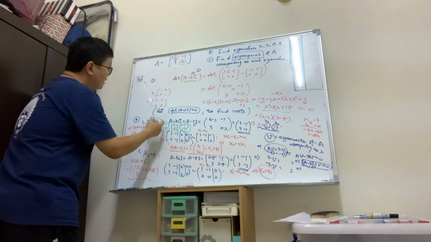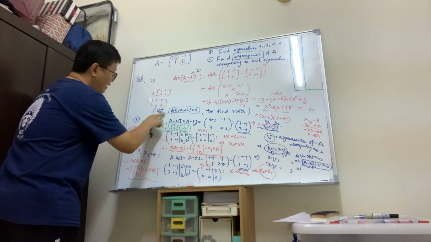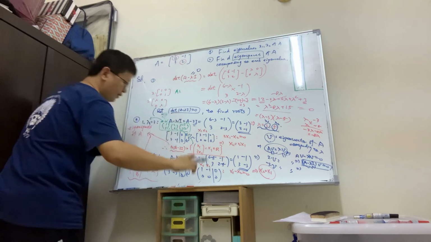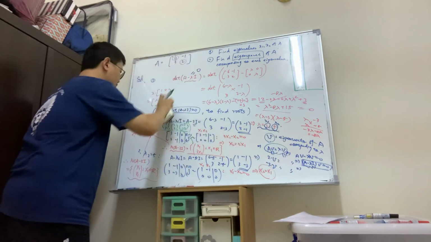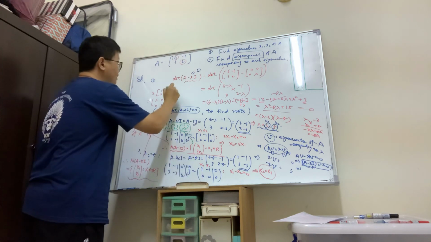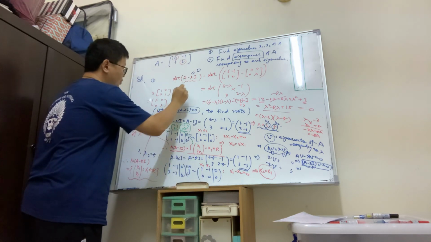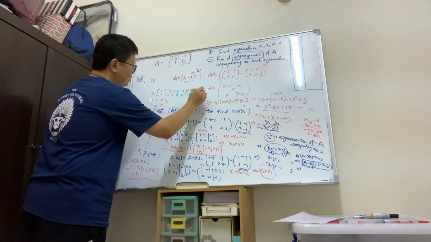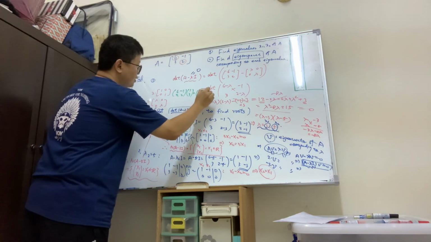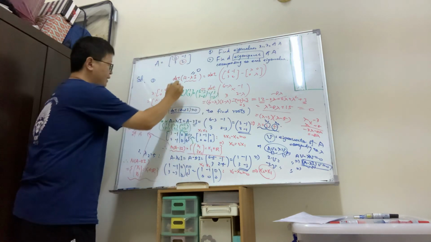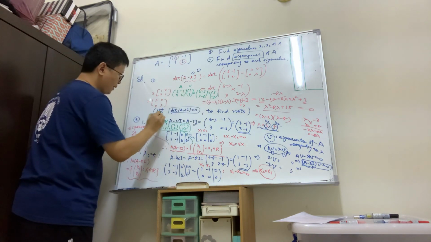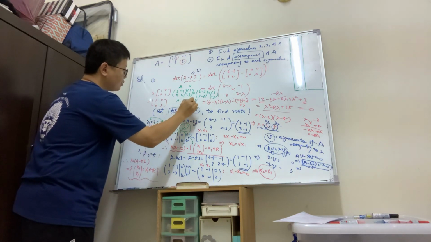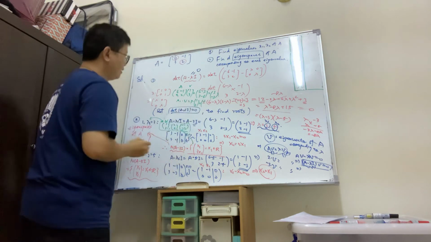It means that if you check the equation AV equals lambda V, for example, here our matrix A is 6, -1, 3, 2 and V is (1, 3). It's equal to 6 minus 3, 3 plus 6, so it's (3, 9). Here is our AV.